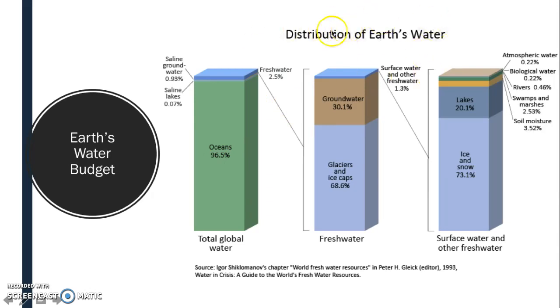It's telling us the distribution of water. It starts out with the total water, giving us our salt water. Saline means salt, so saline lakes, saline groundwater, oceans, that's all salt. And then fresh water here says about 2.5. Then we zoom into the fresh water and we see what's on the surface, what's in the groundwater, and what's in the solid form in ice.